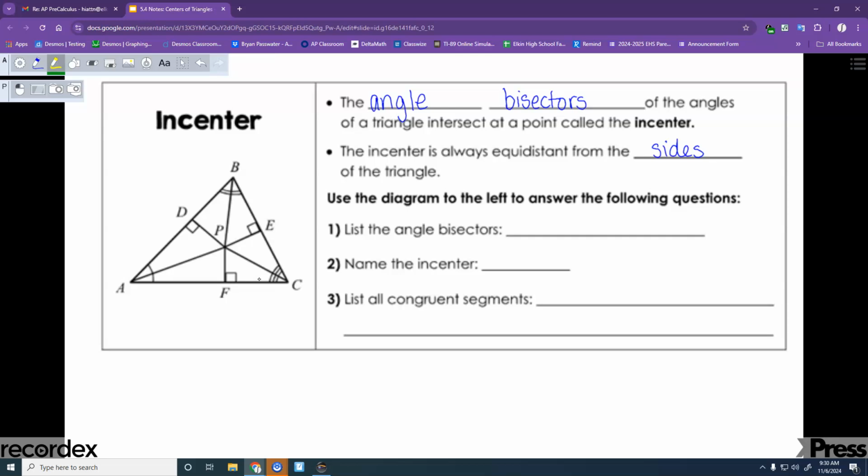What we're looking at here, the angle bisectors are BP, CP, and AP. That's the points that are coming together. So the angle bisectors here would be BP, CP, and AP. And our in-center right here would be point P.